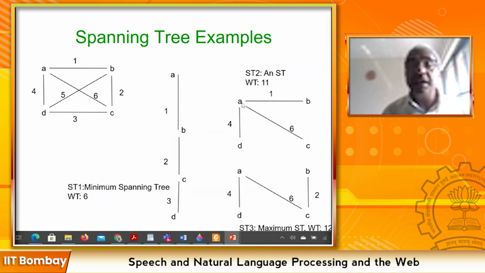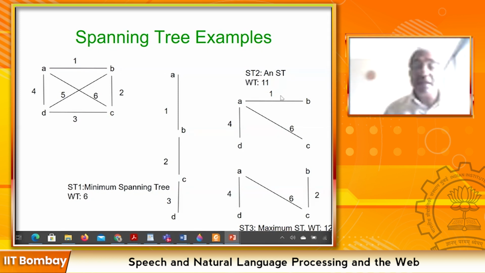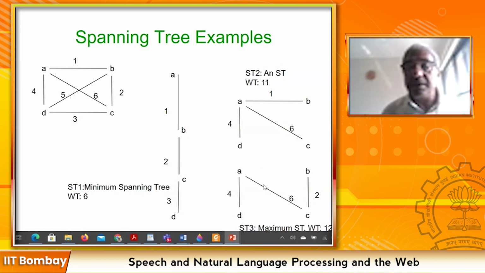Another spanning tree can be rooted at A with children being B, C, D. And the edge weights are 1, 6, and 4, which is 11. But that is not the maximum spanning tree. It is not the tree which has the maximum total weight. This tree, which is A goes to D, A goes to C, and C goes to B, is a tree with summation of edge weight as 12, and that is the maximum spanning tree.